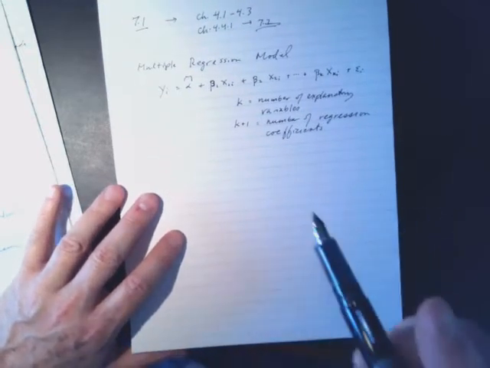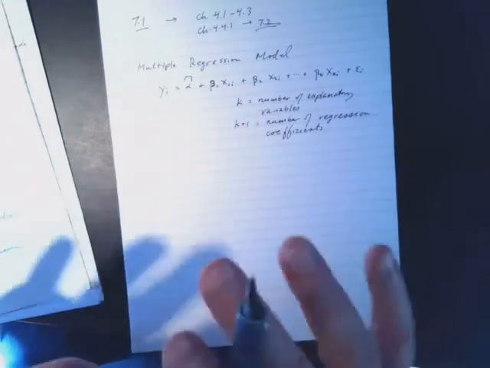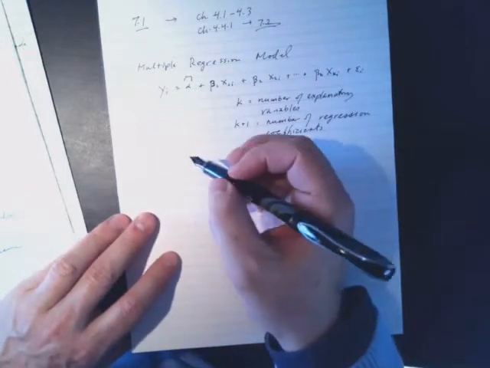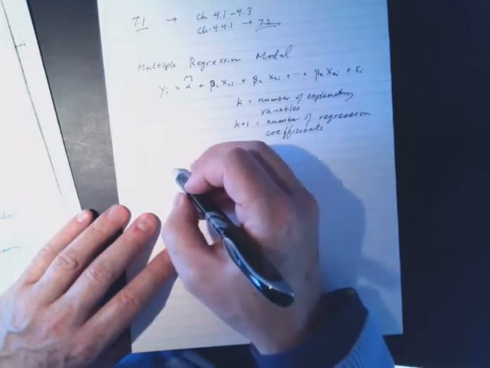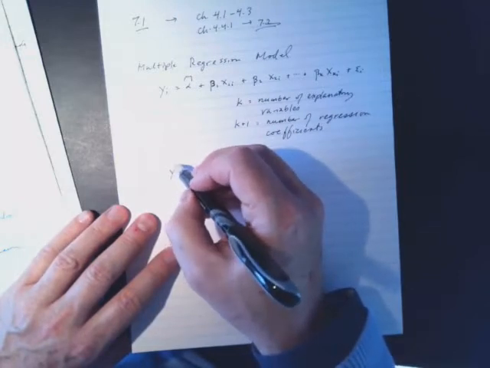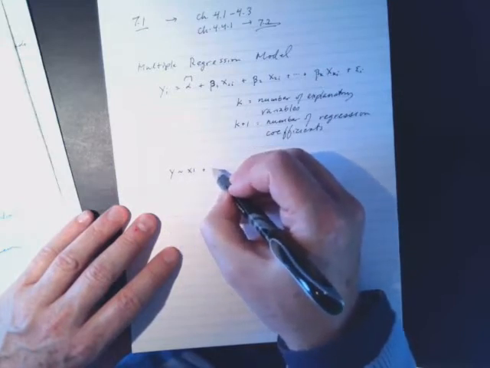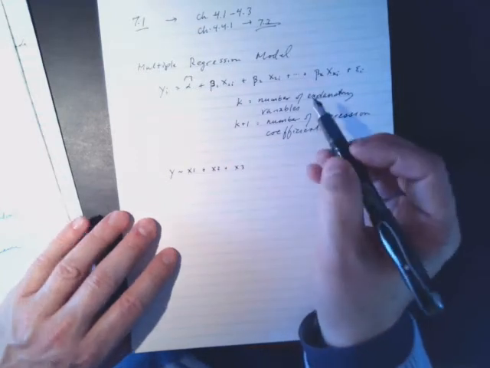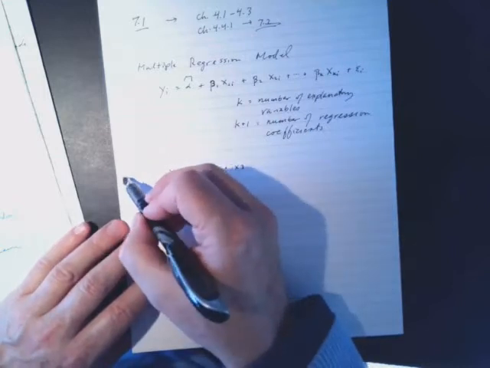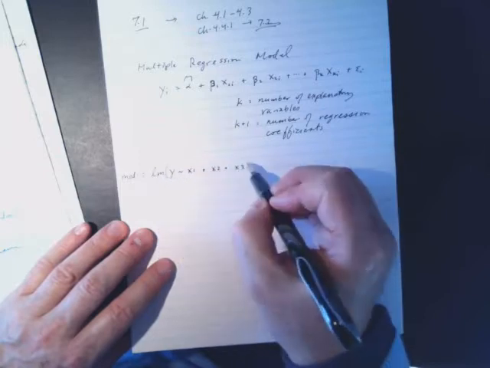Now, we haven't talked too much about this alpha term. As you know, R just sticks it in for you. You don't have to tell it what to do. So if you were going to implement that in R, you would have something like y tilde x1 plus x2 plus x3, and then you would have model equals lm.